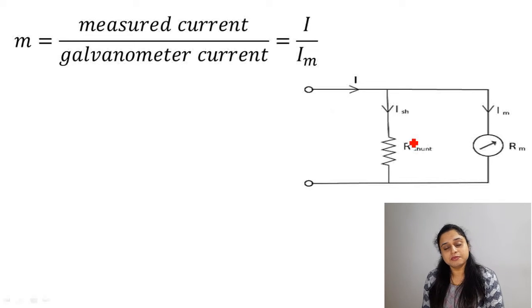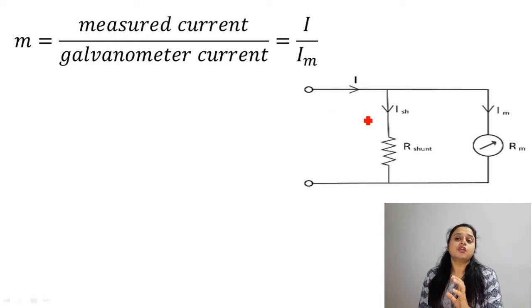When PMMC is used as an ammeter, we connect the shunt resistance in parallel, as I already told you. So here the shunt resistance is connected in parallel with this ammeter. It is denoted by Rsh, and the current flowing through that shunt is denoted by Ish.